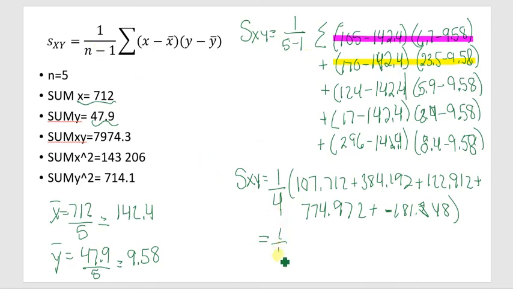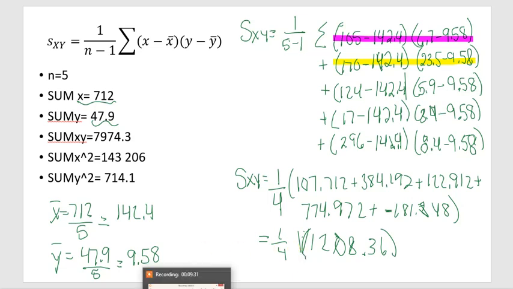And I get 1208, so 1 over 4 times 1208, and I get a total of 302.09. And that's the covariance.